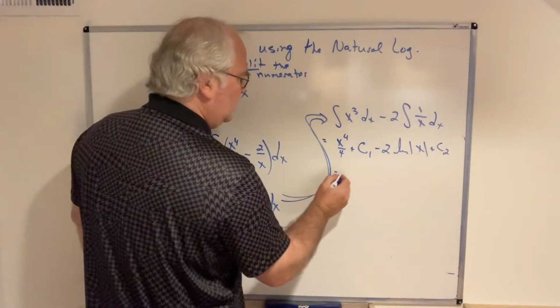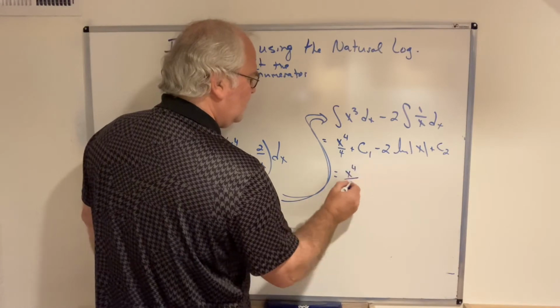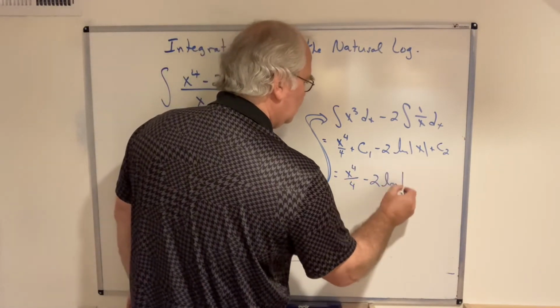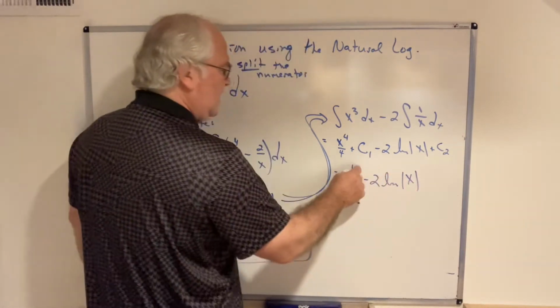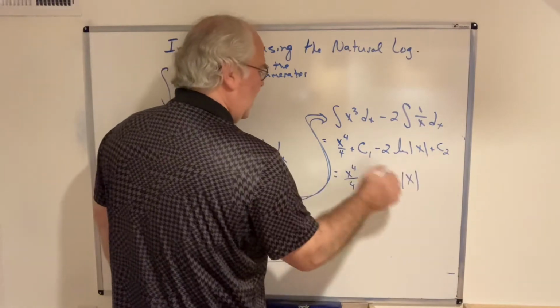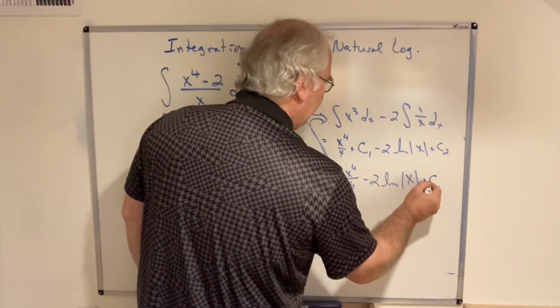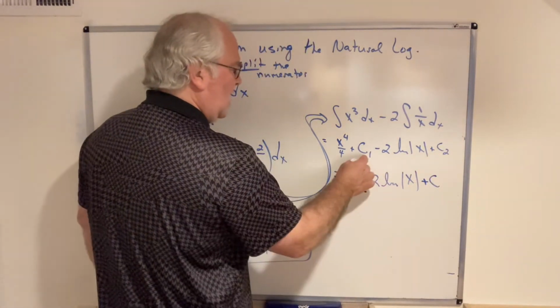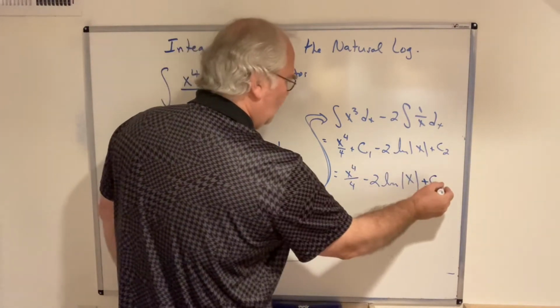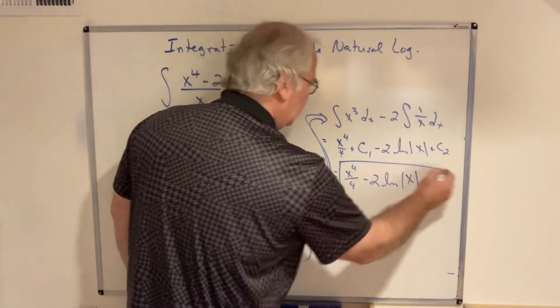And then what I'm going to do is rewrite this, and I'm going to say constant number 1 plus constant number 2. If you add together two constants, you simply get another constant. So this is constant sub 1, this is constant sub 2, this is just constant. If you want to, you can put sub 3, but you don't need to.